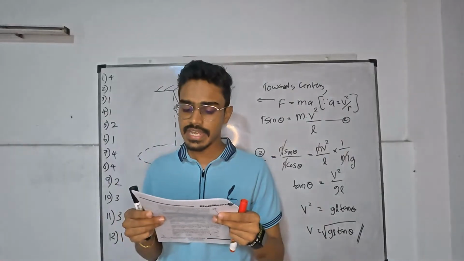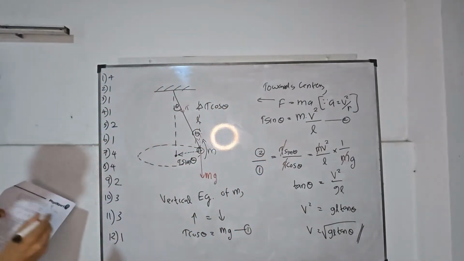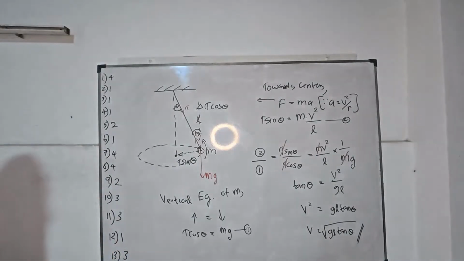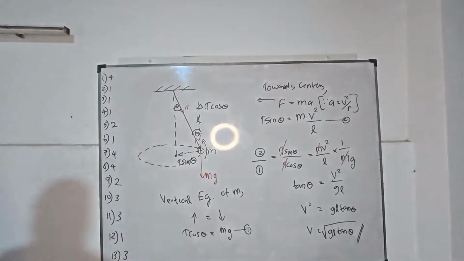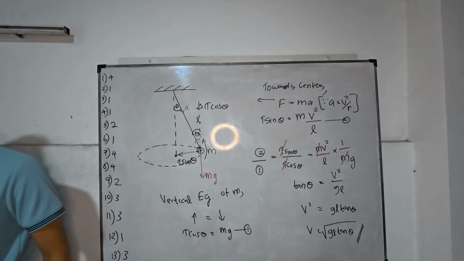It is given as root of L g tan theta. The answer is 3. For 13, answer 3. Take it down, and ask questions if you have anything. This is called the conical pendulum.